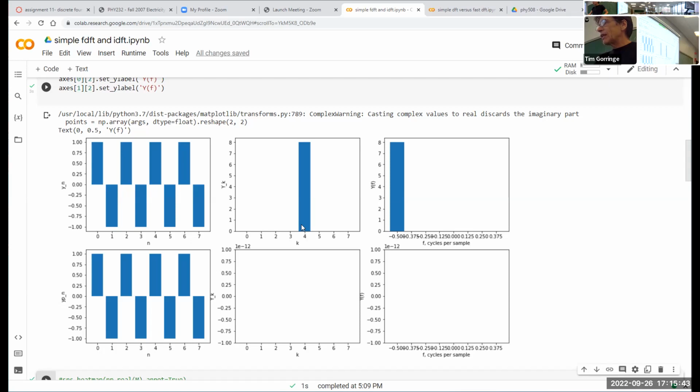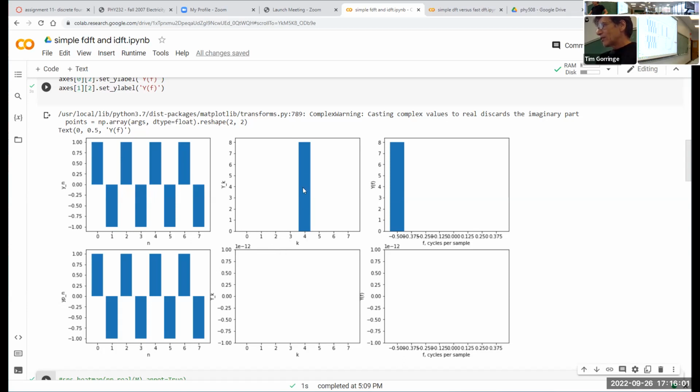A frequency that would be half that, so it would be 1, 1, -1, -1, 1, 1, -1, -1, would be down here in this data point.